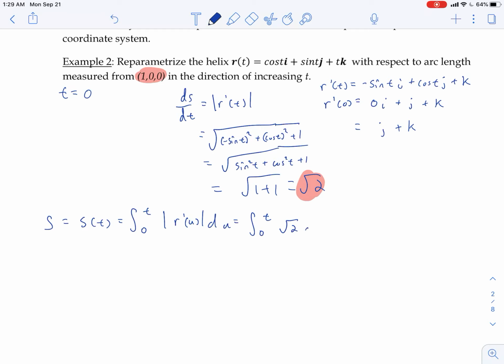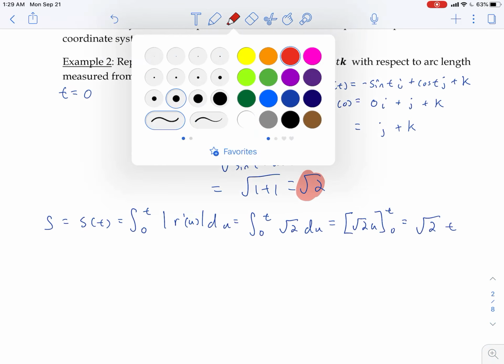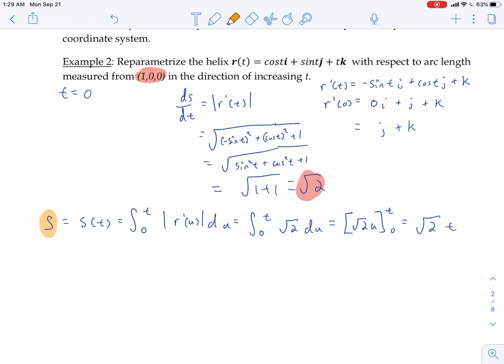So we have the integral from 0 to t of square root of 2 du. The integral of that gives us the square root of 2 u from 0 to t, and we're left with the square root of 2 t.